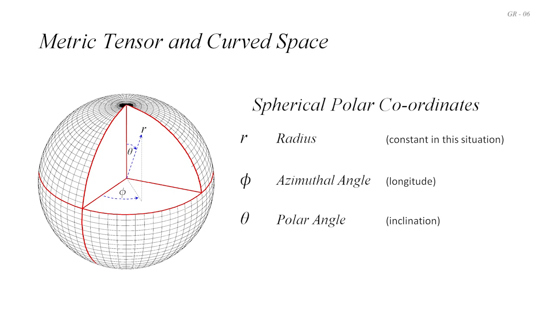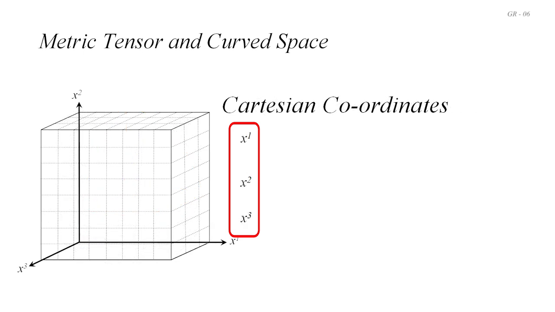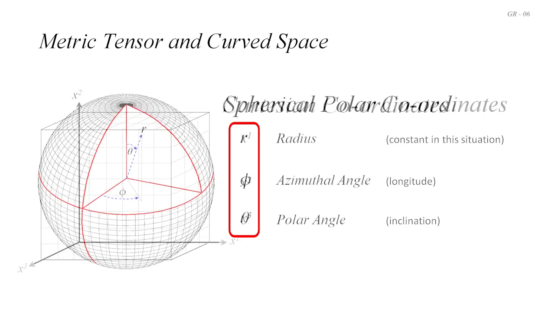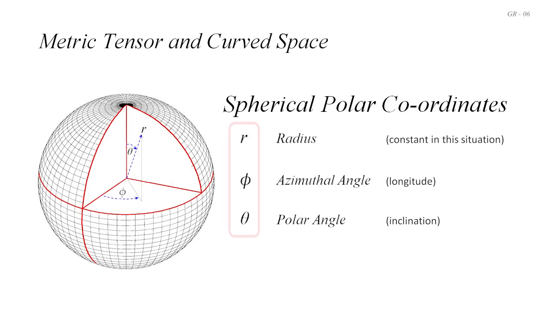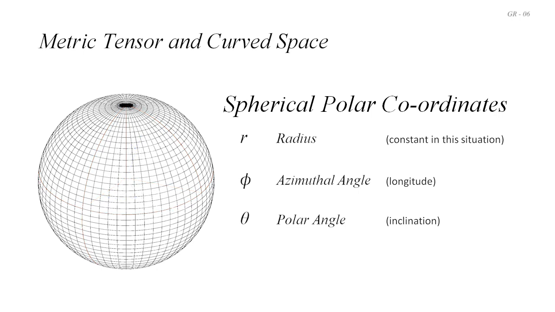No matter, these three numbers, r, theta and phi, as we show them here, specify a point in three-dimensional space and could be used instead of three-dimensional Cartesian coordinates x, y and z, or x1, x2, x3, to make measurements in that space. However, if we are only considering the two-dimensional surface of this sphere, then the radius r is constant.